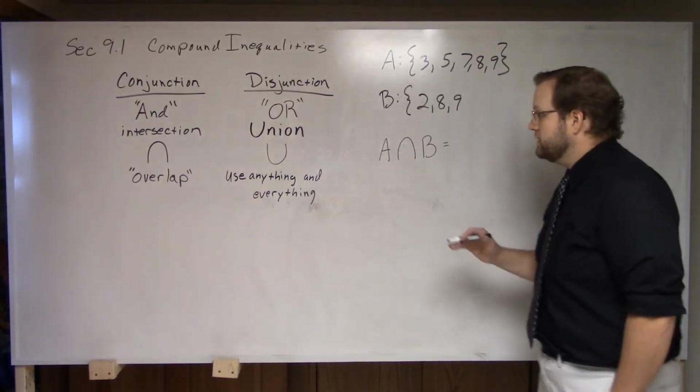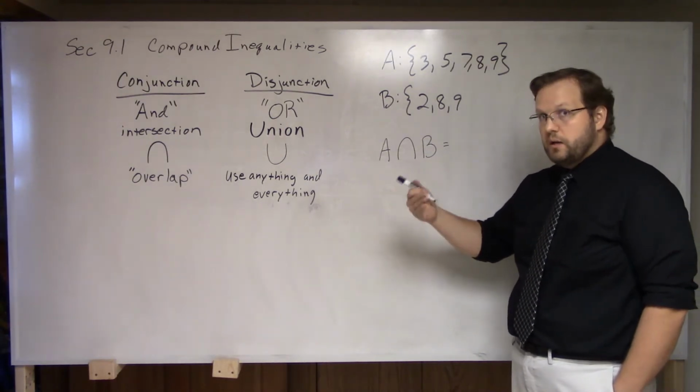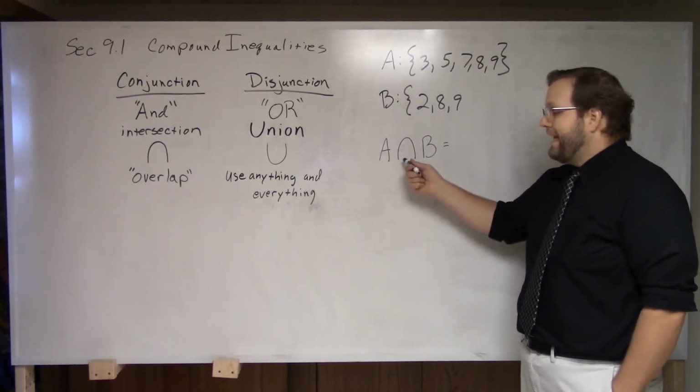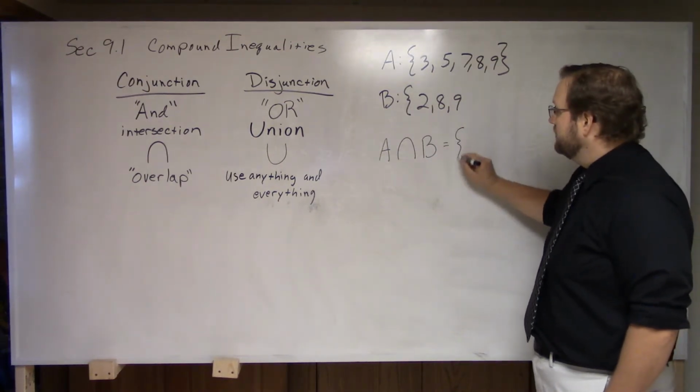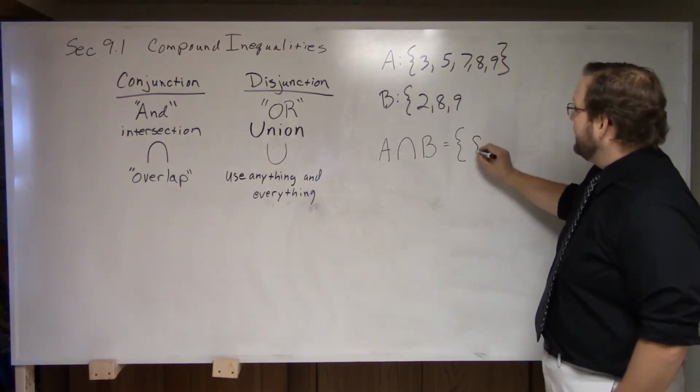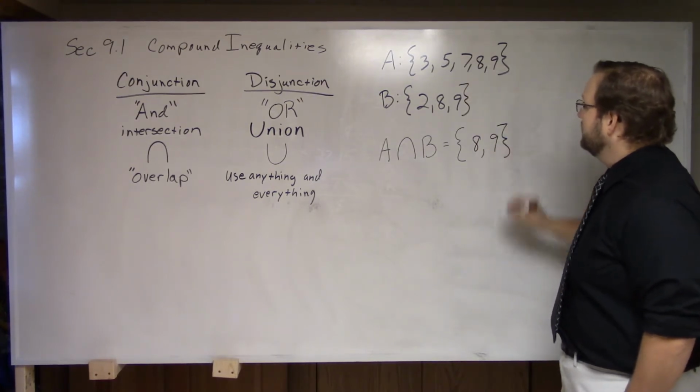We're looking for this conjunction. So we're really looking for what elements, what numbers, are in A and B, okay? And in that case, what do we have? We have that 8, whoops, forgot that brace here, and 9. That's it.